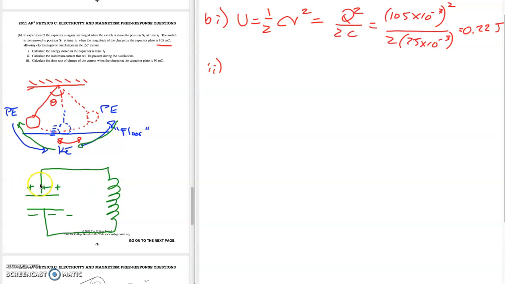But then after a time, after a current has been built up, so over here effectively we have potential energy, and then after a time the current has been built up, and now we have current going through the inductor, and that's analogous to kinetic energy. Well, once that current is fully built up, that means that there are no charges left on the capacitor.